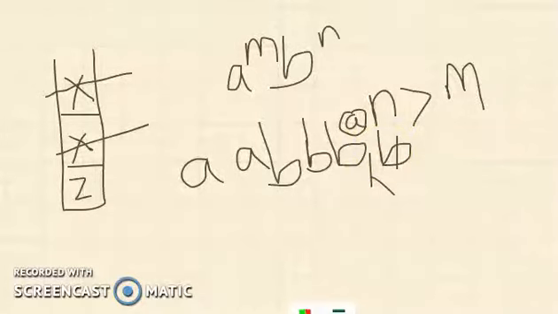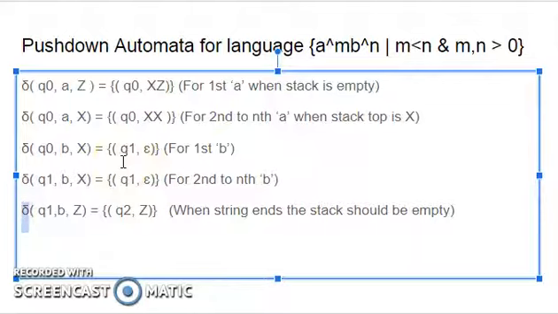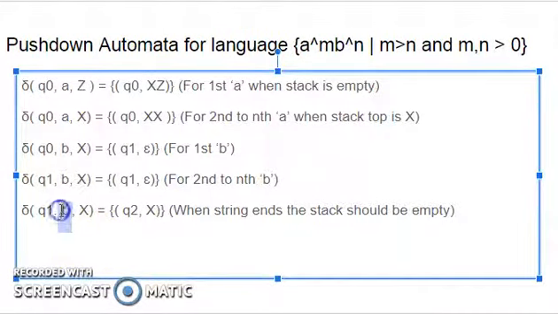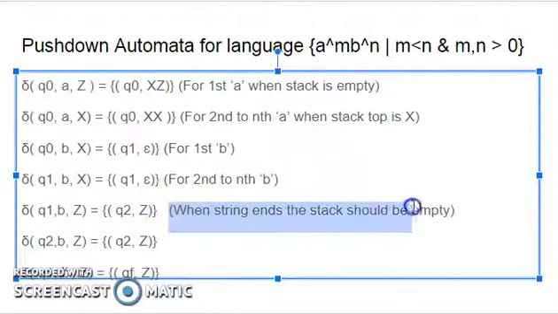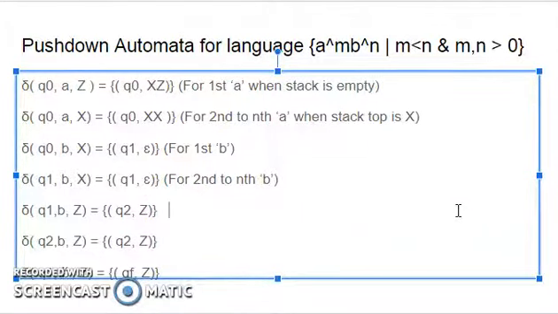For this, we'll be writing one more step: Q2, b, Z, Q2, Z. Okay, and then when you read a blank, and top of the stack is empty, go to final state. Hope this is clear.